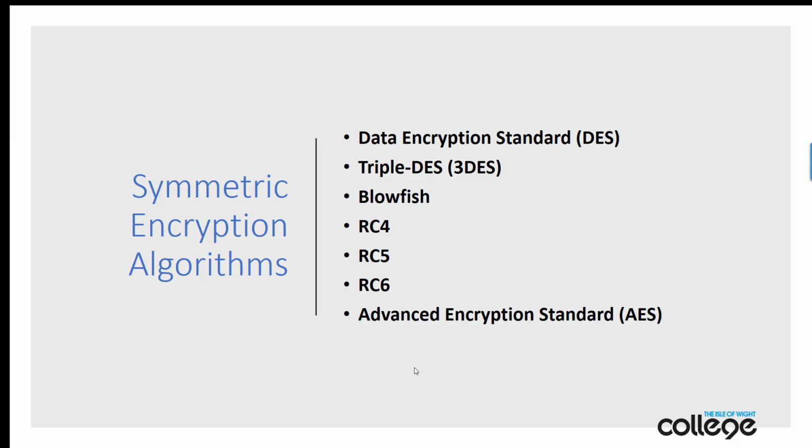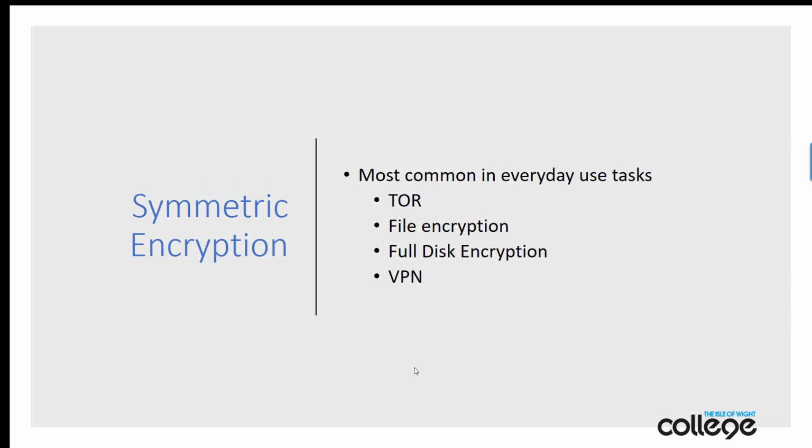Symmetric encryption algorithms are of various types. Here are some commonly known ones: Data Encryption Standard DES, triple DES, Blowfish, RC4, RC5, RC6, and Advanced Encryption Standard AES. Symmetric encryption is used in common everyday tasks, and it would be, because you're the person who knows what they're doing with the password, and therefore you've got to be able to recover that password again when you decrypt.